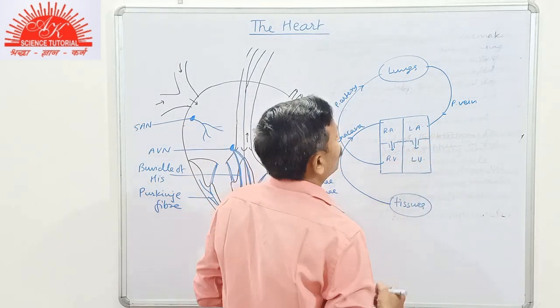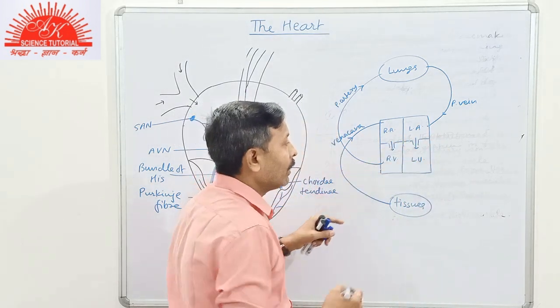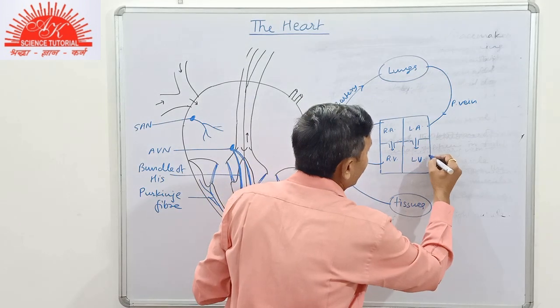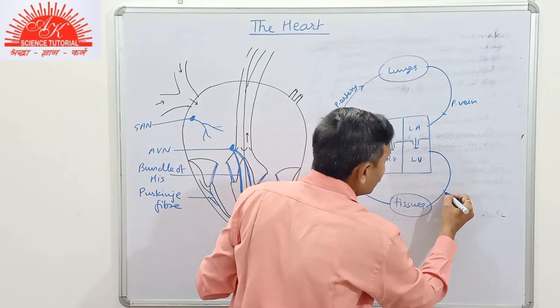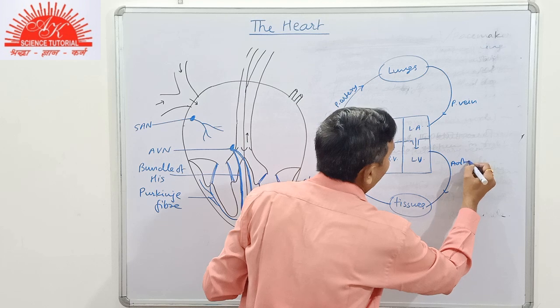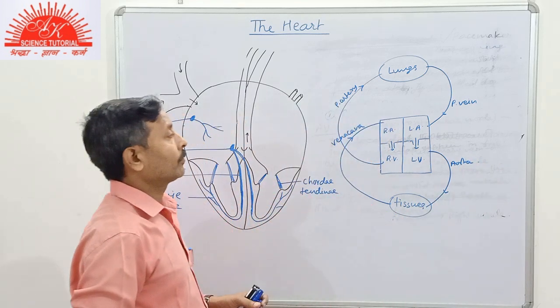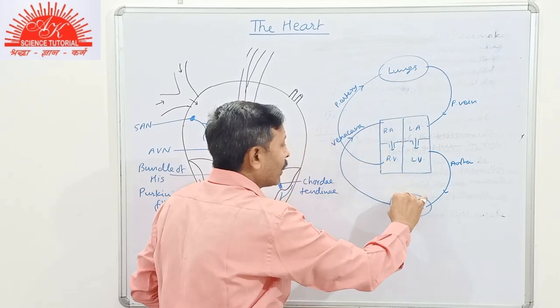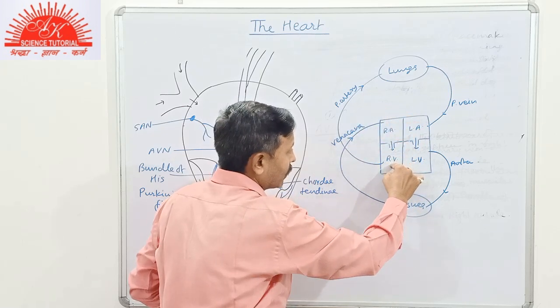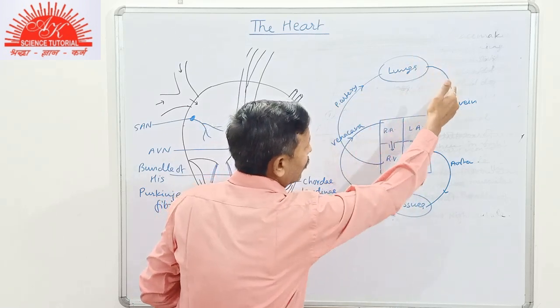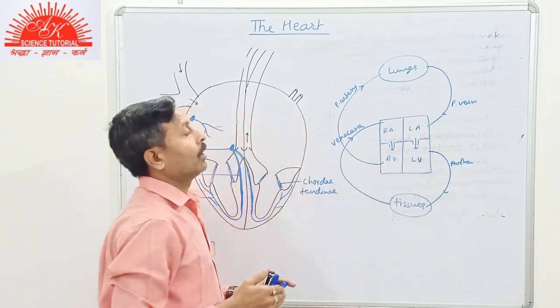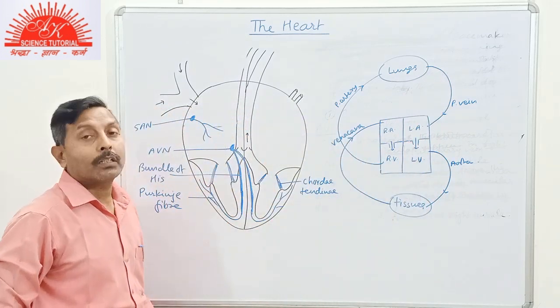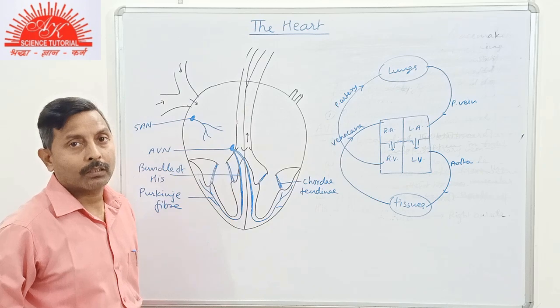Then the blood goes to the left ventricle, and from here it goes to the tissues through the aorta or artery. So we see that in the right chambers of the heart, deoxygenated blood flows, and in the left chambers of the heart, oxygenated blood flows. So this is about double circulation.